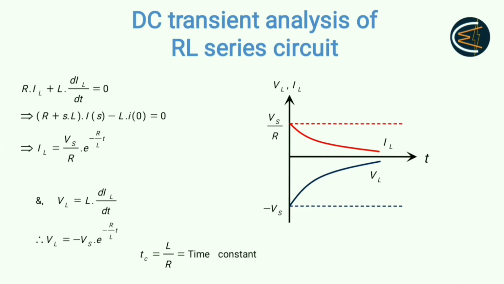Okay, so this is the mathematical explanation and graphical expression of the DC transient analysis of RL series circuit, when the switch is at position 2. So this is the overall view and analysis of DC transient behavior of RL series circuit.